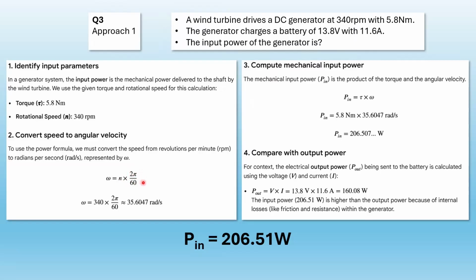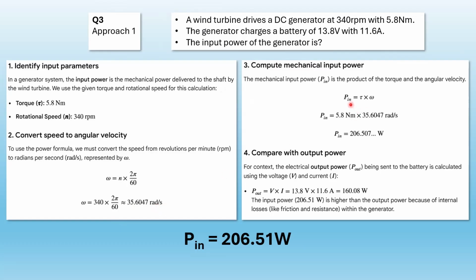Rotations per minute: how many rotations per 60 seconds? Plugging in the numbers, we have approximately 35.6047 radians per second. So we have that angular velocity.